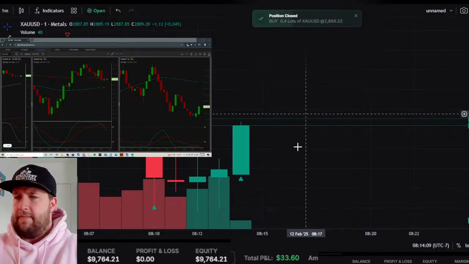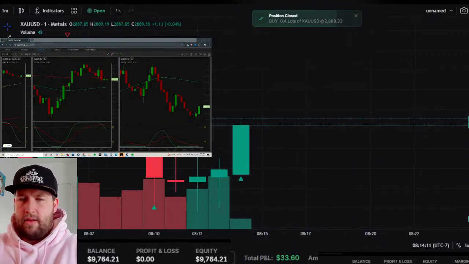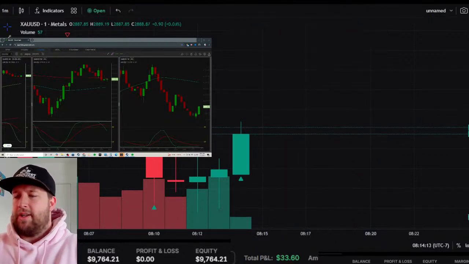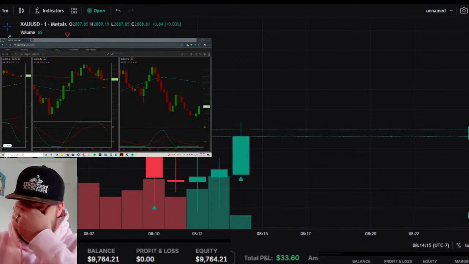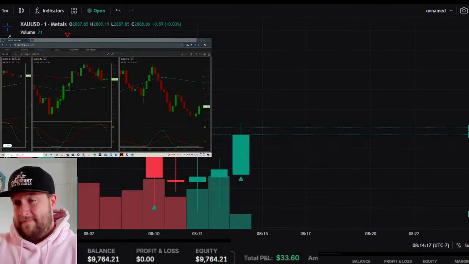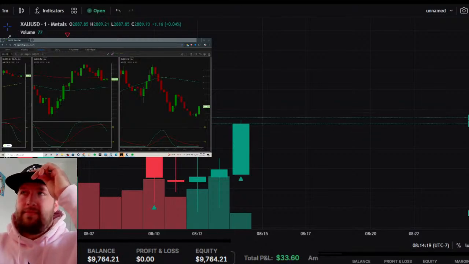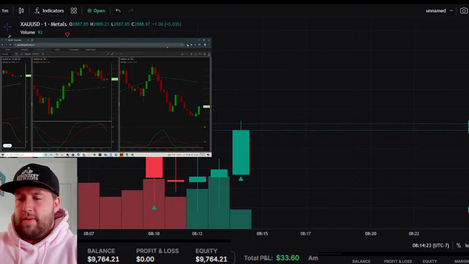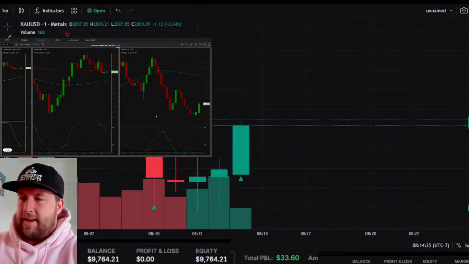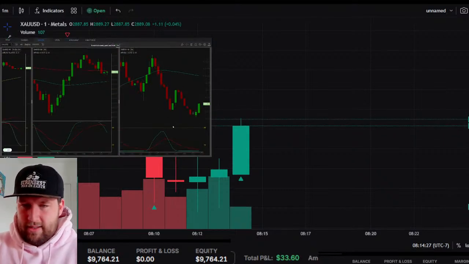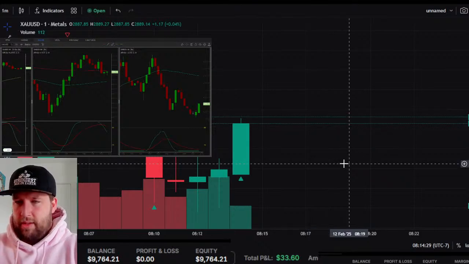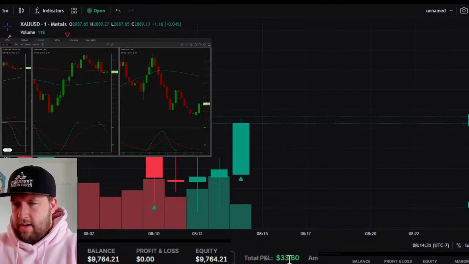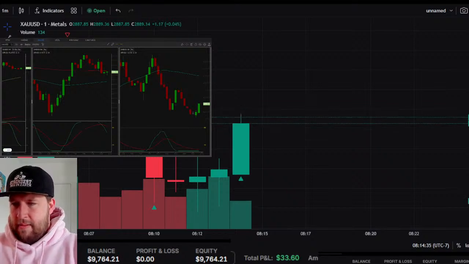Okay, we just got closed out. Oh my gosh. The reason I'm annoyed is because I had my stop loss set at 10 ticks below, and we still ended up losing 0.1% on that.